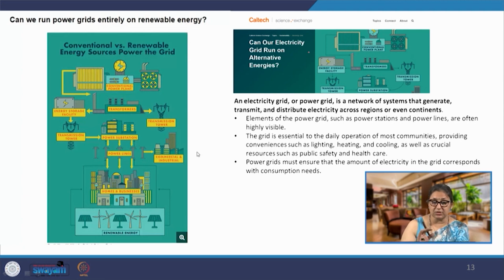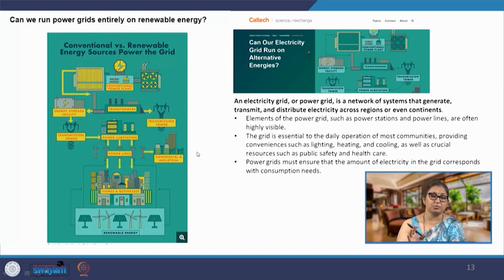Now, what happens if the grids were to depend entirely on renewable energy? As I said, the renewable sources of energy have limitations in terms of geography and seasonal and diurnal variation. So, sometimes, probably during the nights, if there are no winds, if there is no sun, if there is no availability of hydropower or tidal, we may not have a continuous supply of energy.